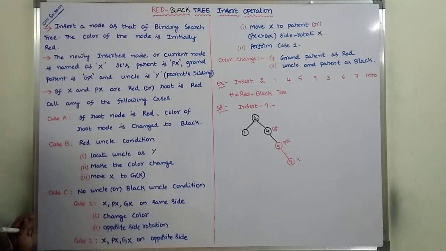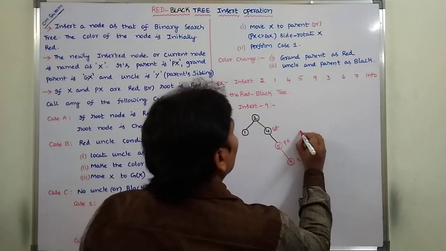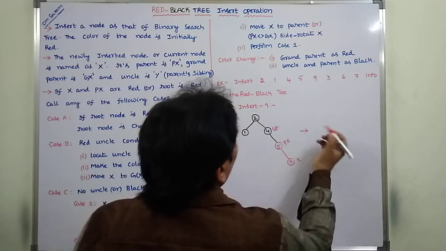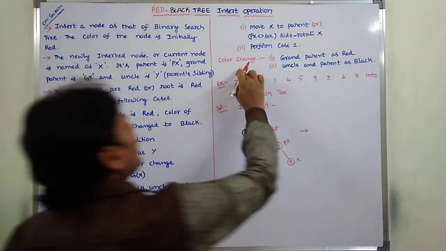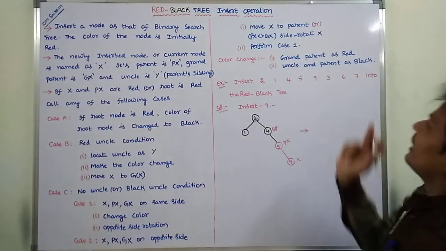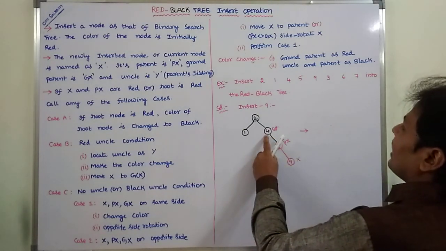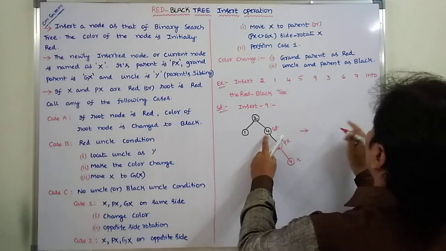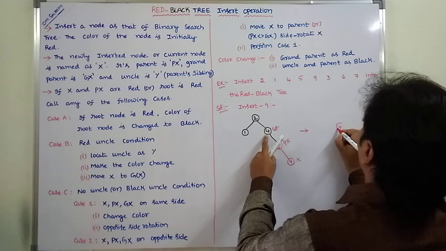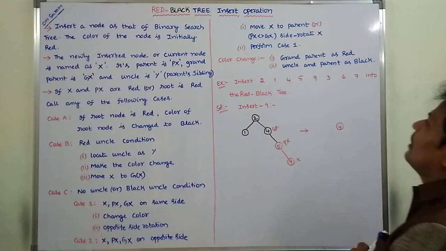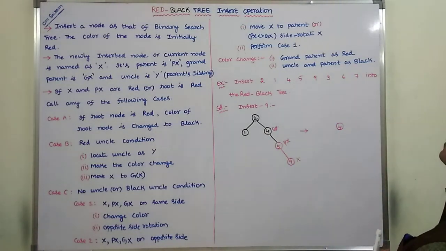So we have to follow these two steps. First, change the color. Which color do we have to change? Go to the color change. Here the grandparent is 4, so the grandparent is changed to red, and the uncle and parent to black.